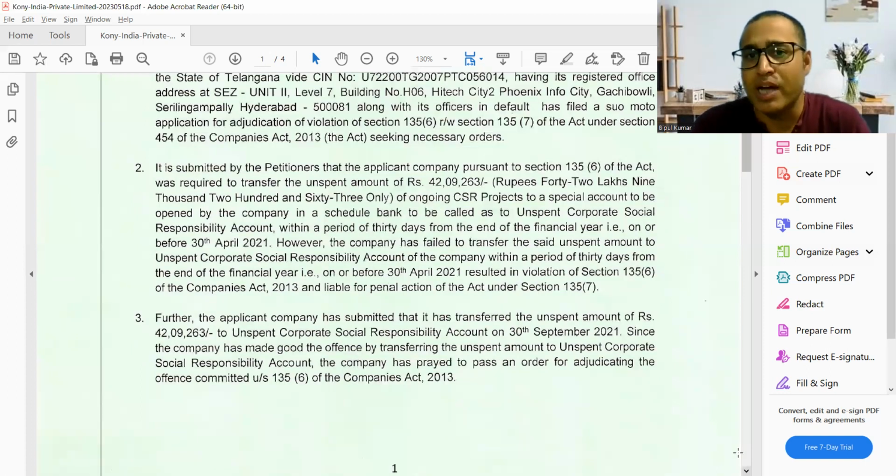It is submitted by the petitioner that the applicant company, pursuant to section 135 subsection 6 of the Act, was required to transfer the unspent amount of 42.9 lakhs of ongoing CSR project to a special account to be opened by the company in a scheduled bank, called the unspent CSR account, within a period of 30 days from the end of the financial year, on or before 30th April 2021 for the financial year 2020-21. However, the company failed to transfer the said unspent amount to the unspent CSR account within 30 days from the end of the financial year, which resulted in violation of section 135 subsection 6 of the Companies Act, liable for penal action under section 135 subsection 7 of the Act.